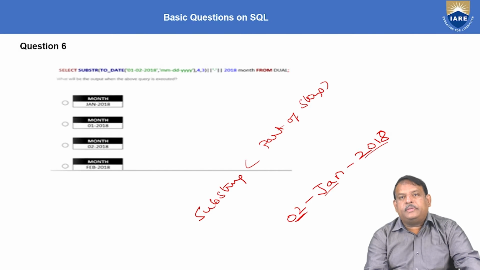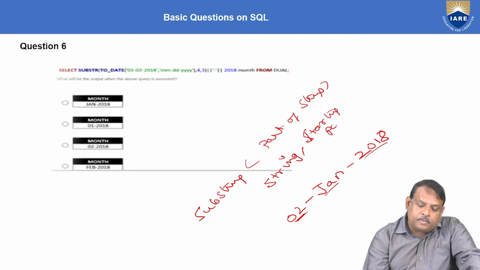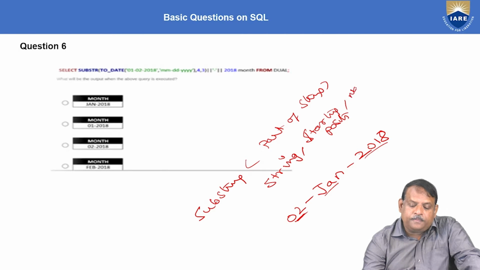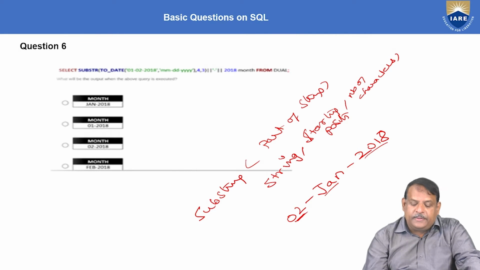It takes some arguments: the string to be searched upon, the starting position, and the number of characters you want to find. Substring takes 3 arguments. What string you want to search, then what is the starting position, and the number of characters.